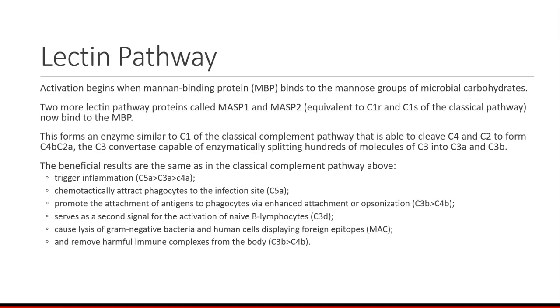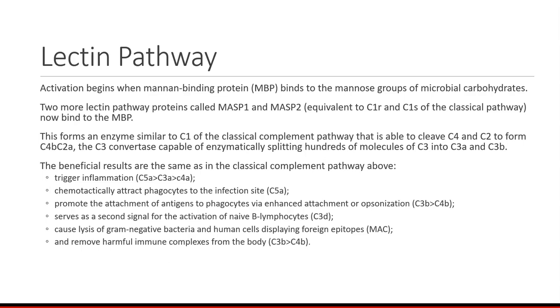The third pathway is the lectin pathway, and activation begins when mannan binding protein, MBP, binds to the mannose group of microbial carbohydrates. Two more lectin pathway proteins called MASP1 and MASP2, which are equivalent to C1r and C1s of the classical pathway, now bind to the mannose binding protein.